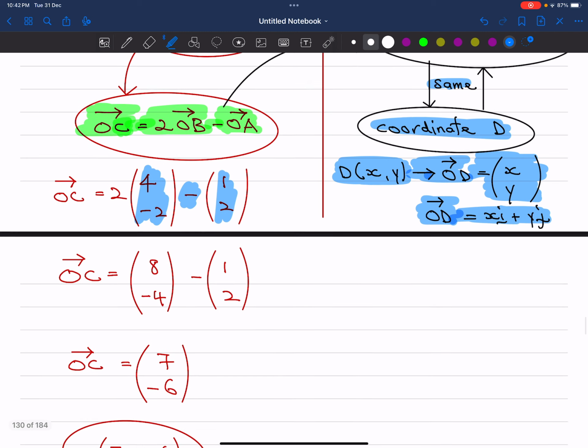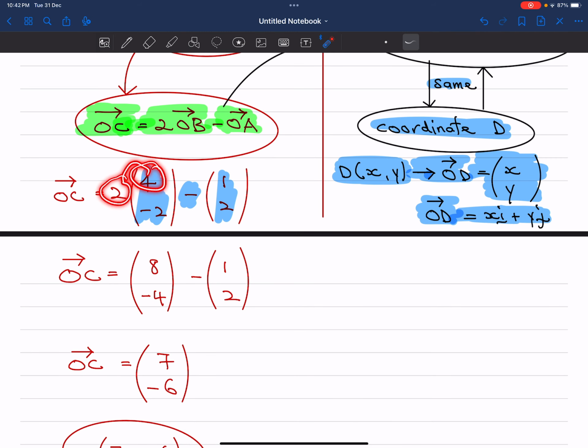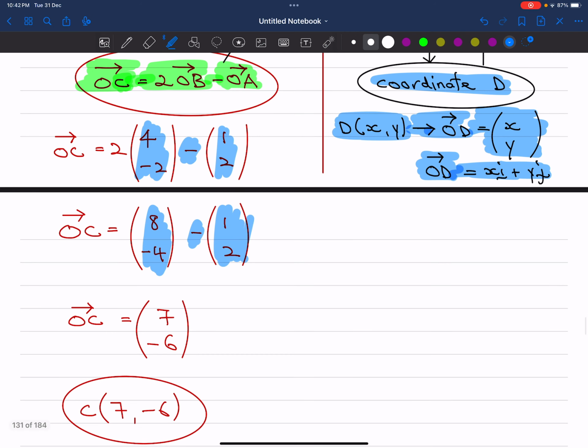Okay, so now it would be easy. 2 times the (4, -2), I'm going to get (8, -4), minus the (1, 2) I copy back. So now I have 8 minus 1 is 7. And then -4 minus 2, I'm going to get -6.